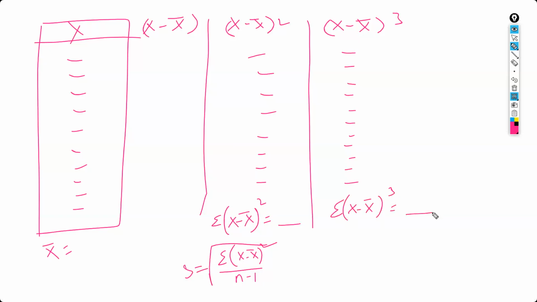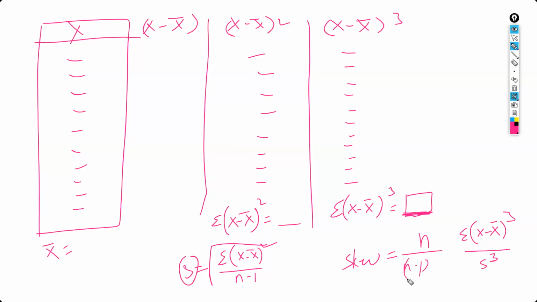After doing the sum, now you calculate the skewness value. Skewness is equal to sigma of x minus x bar whole cube, that is the value you just got, on the numerator. Divide by s cube, where s is the standard deviation you have calculated, into n divided by n minus 1 into n minus 2.